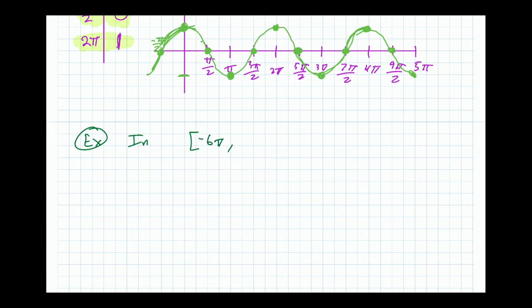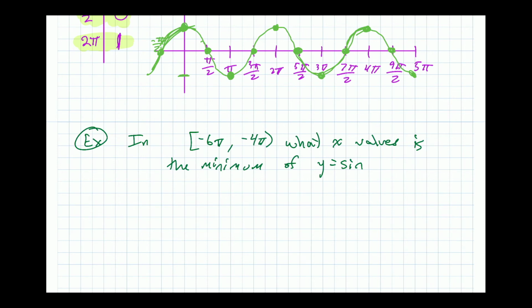Negative 6 pi to negative 4 pi, what x value is the minimum at? The minimum of y equals cosine x. Sorry, cosine. We're doing cosine now.